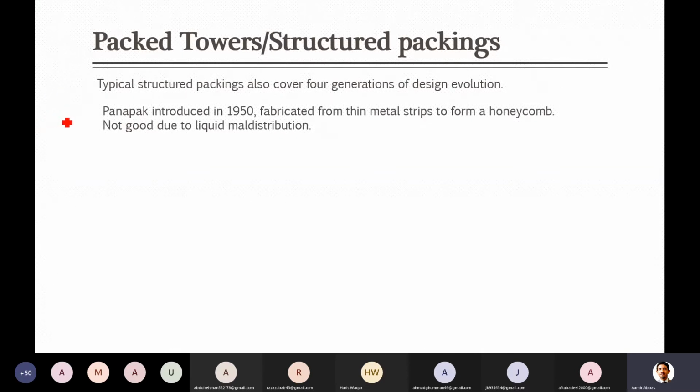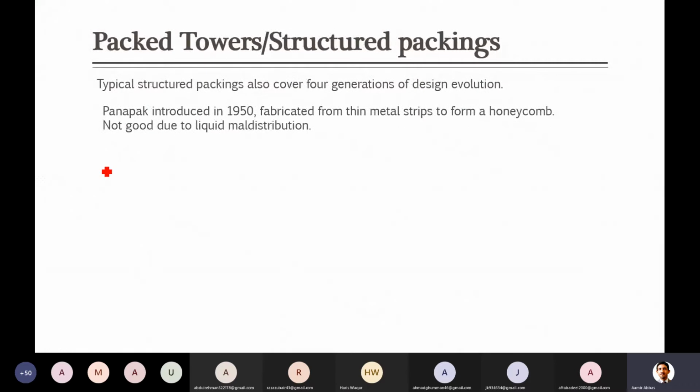This was the first packing which was structured, and it was fabricated from thin metal strips. Thin metal strips were joined together to make a packing barrier on which the liquid and vapor can interact. They finally formed a honeycomb, and they were not actually good.